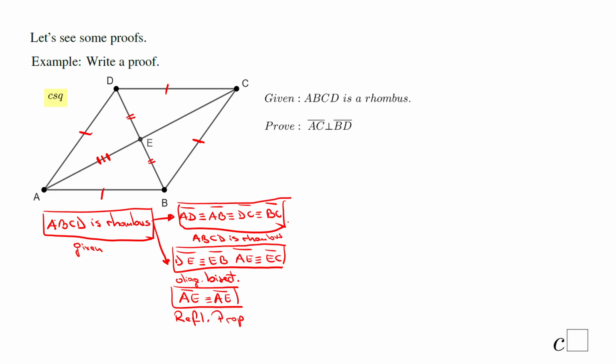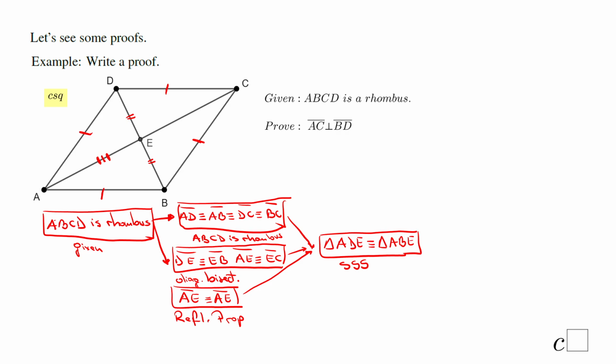And now from these three statements, we can write that triangle ADE is congruent with triangle ABE. And this is nothing else than the side-side-side criterion for triangle congruence.